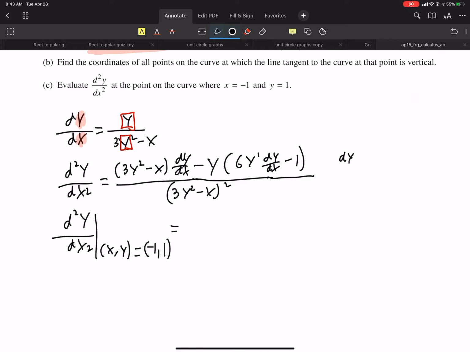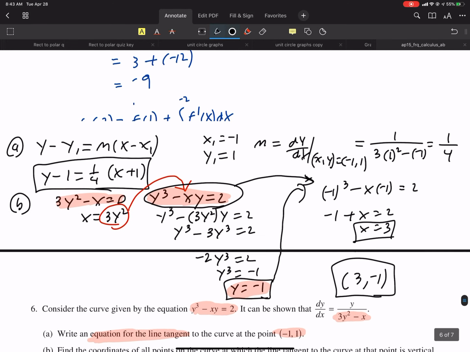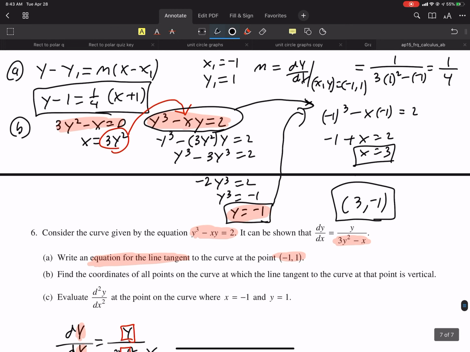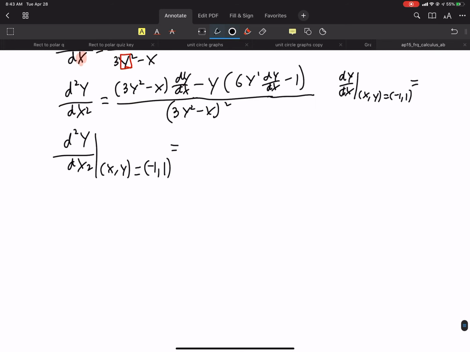We're going to say, hey, what's dy dx at x, y equal negative 1, 1? Well, we already found that in the first part. Dy dx, right here, it's 1/4. So in these spots, I'm just going to replace dy dx with 1/4 because that's the value at those points.